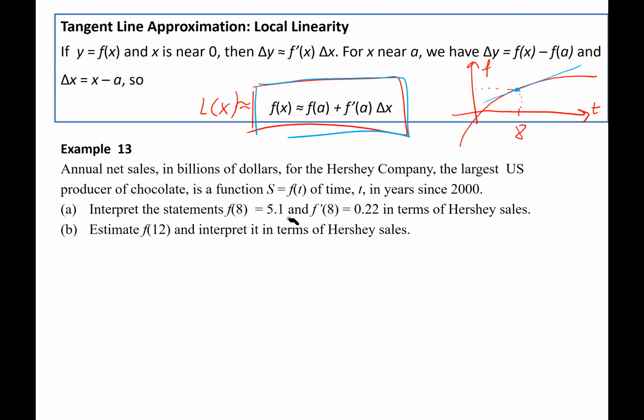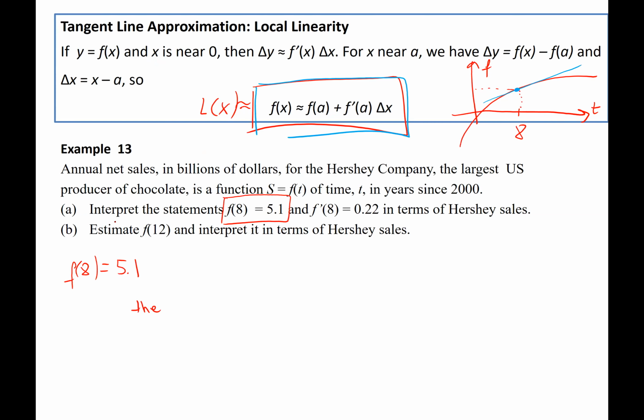This first one is probably not a problem. f of 8 equals 5.1. Now, who can give me the explanation of this? f of 8 is 5.1. That means 5.1 is the sale, and of course it's in billions. You can try to type the answer for me.